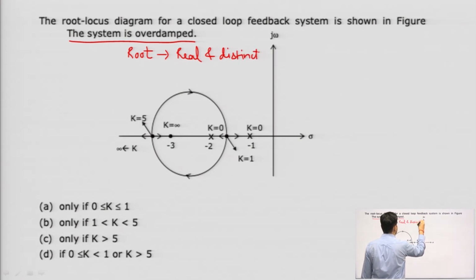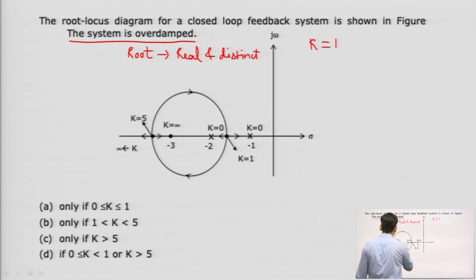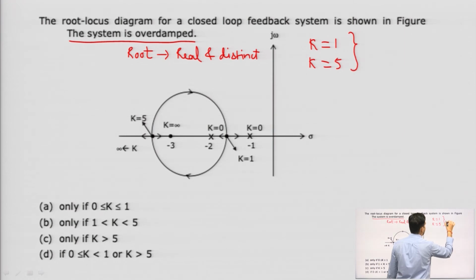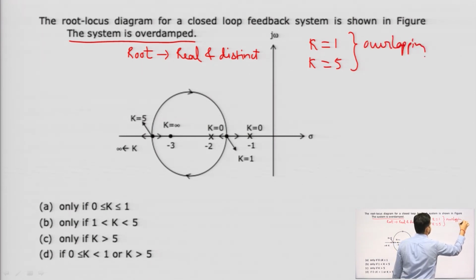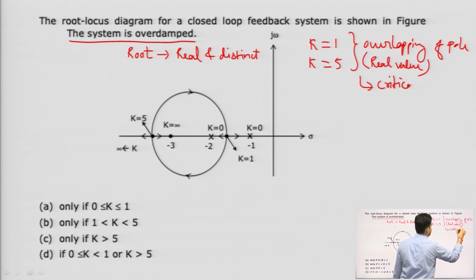If you observe here, the breakaway point is at k equal to 1 and the break-in point is at k equal to 5. What is happening here? Overlapping of poles, and it is happening at a real value. So, this is the critical case, or critically damped system.